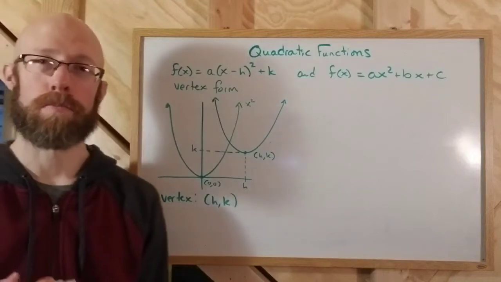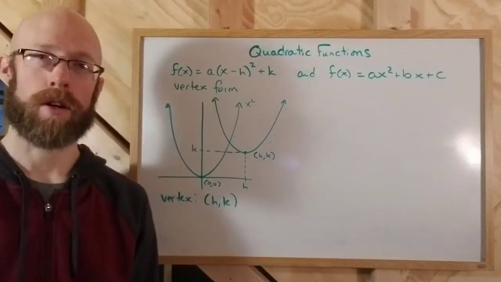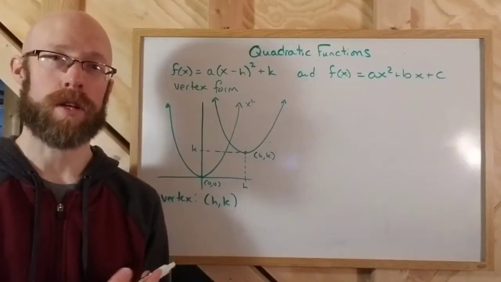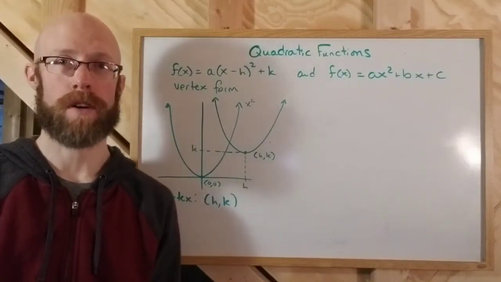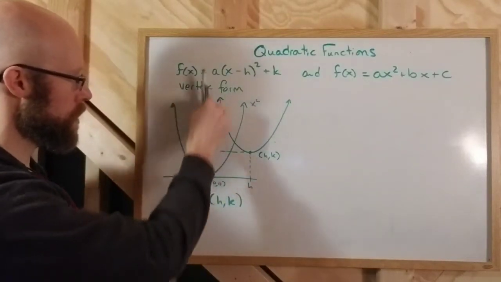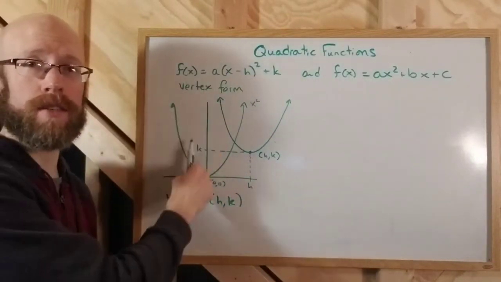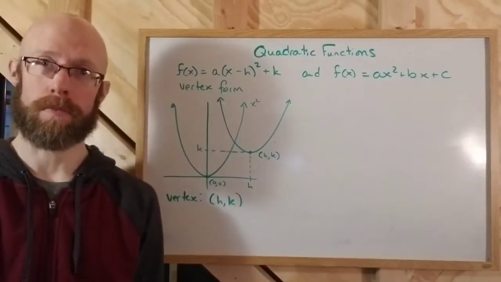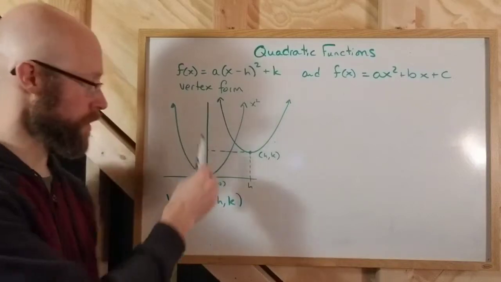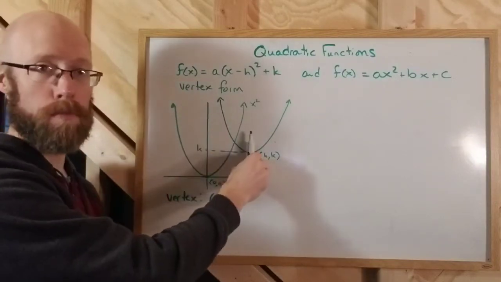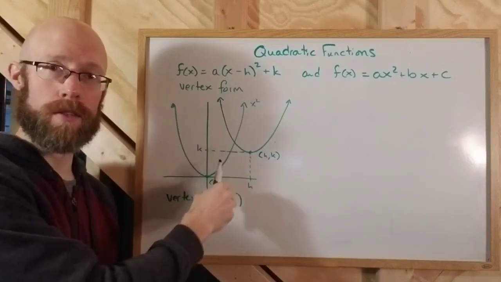There's also a very important feature of a parabola called the axis of symmetry. We saw that it has symmetry when we looked at it in the library of functions, and the axis of symmetry for the original squaring function is the y-axis. But once you shift it horizontally, that axis of symmetry is going to move to the horizontal value.